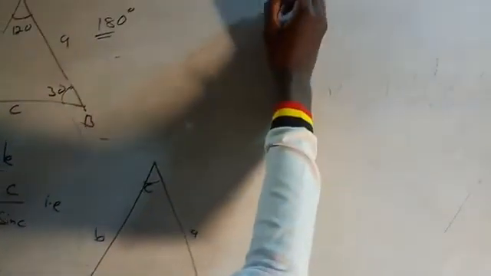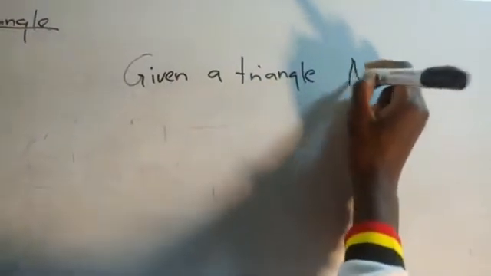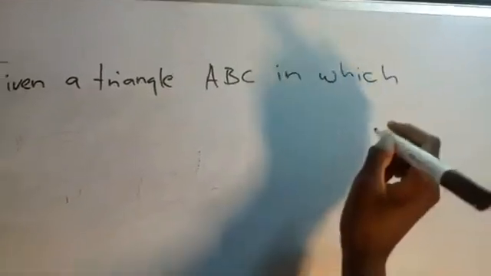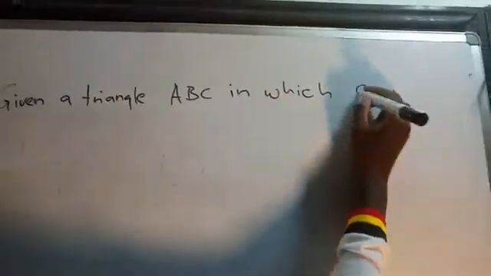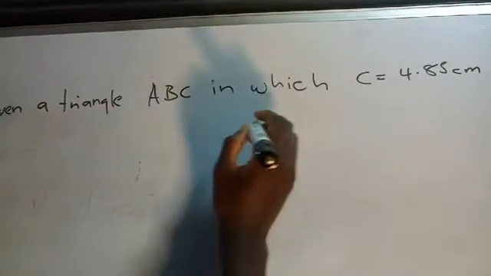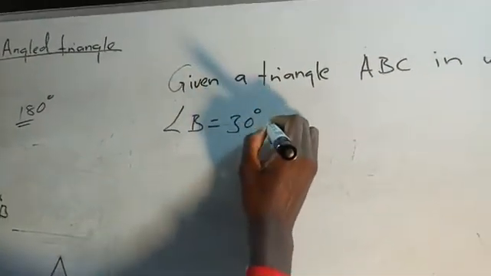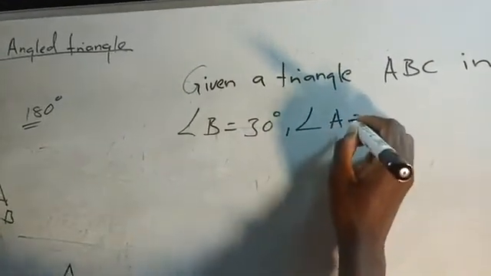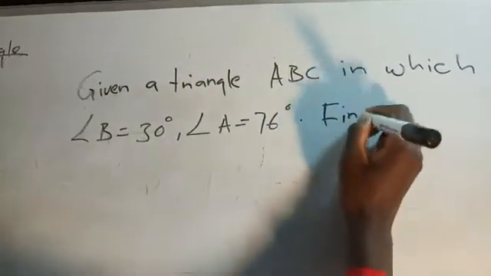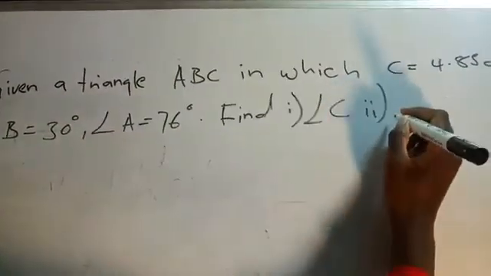Given a triangle A, B, C, in which side c equals 4.85 centimeters, angle B equals 30 degrees, angle A equals 76 degrees, and they tell us to find angle C, and another one they tell us to find side b, and another side a.